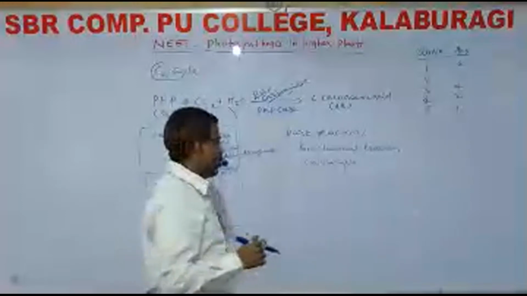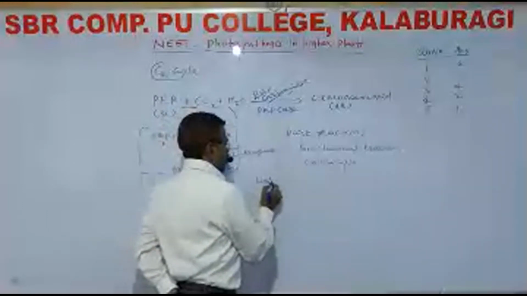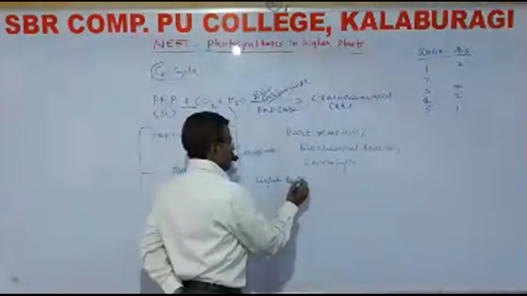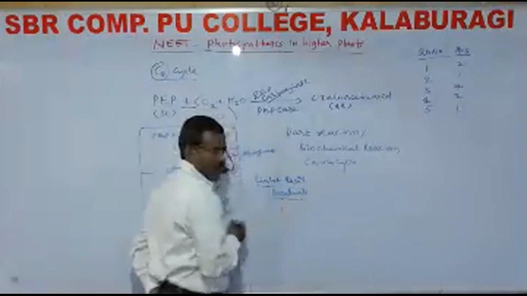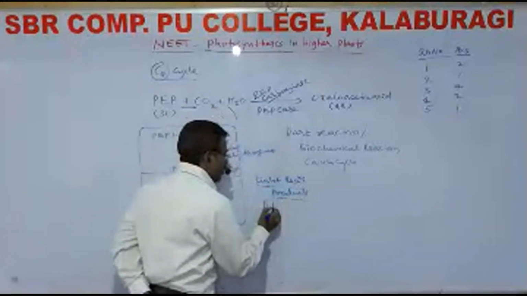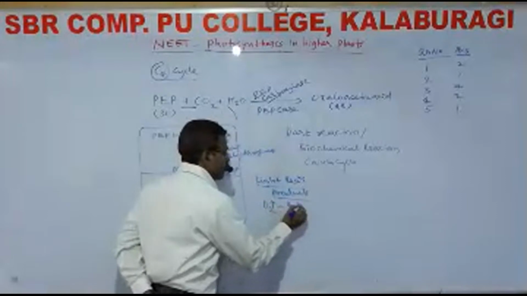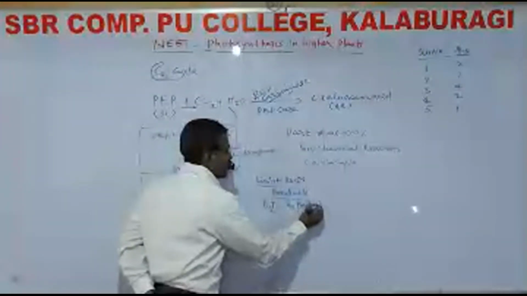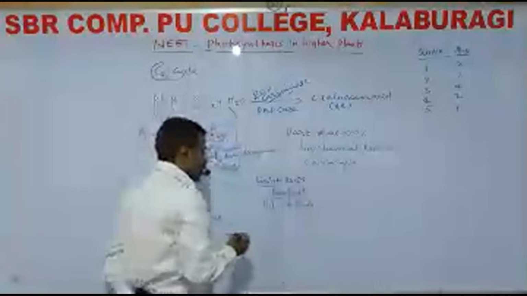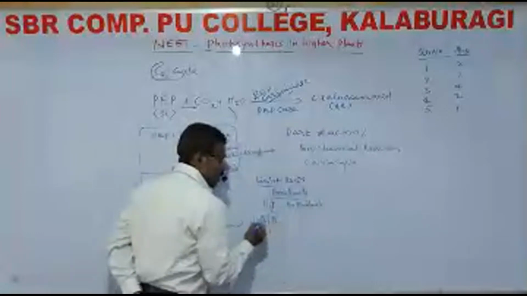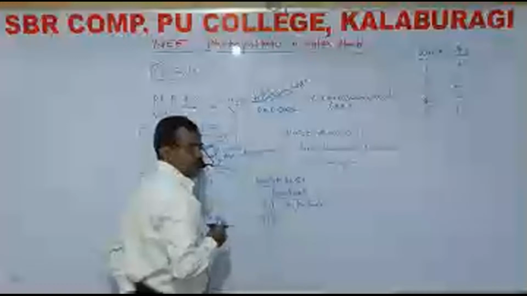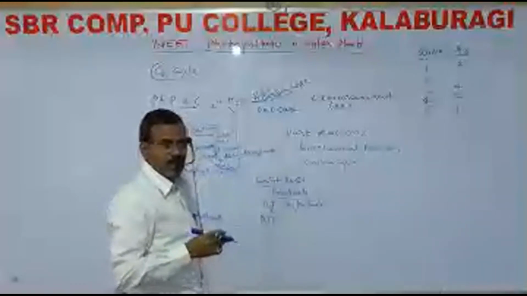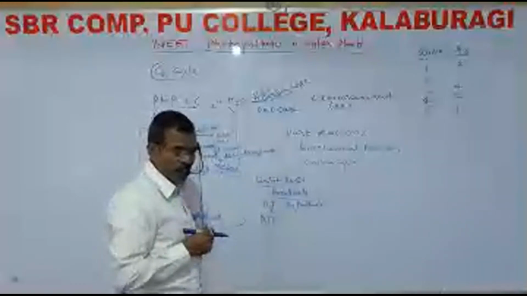So we know the light reaction products. Mainly oxygen is liberated as a byproduct. Then we get ATP, the energy currency. ATP is produced by photophosphorylation, cyclic or non-cyclic, mainly non-cyclic.